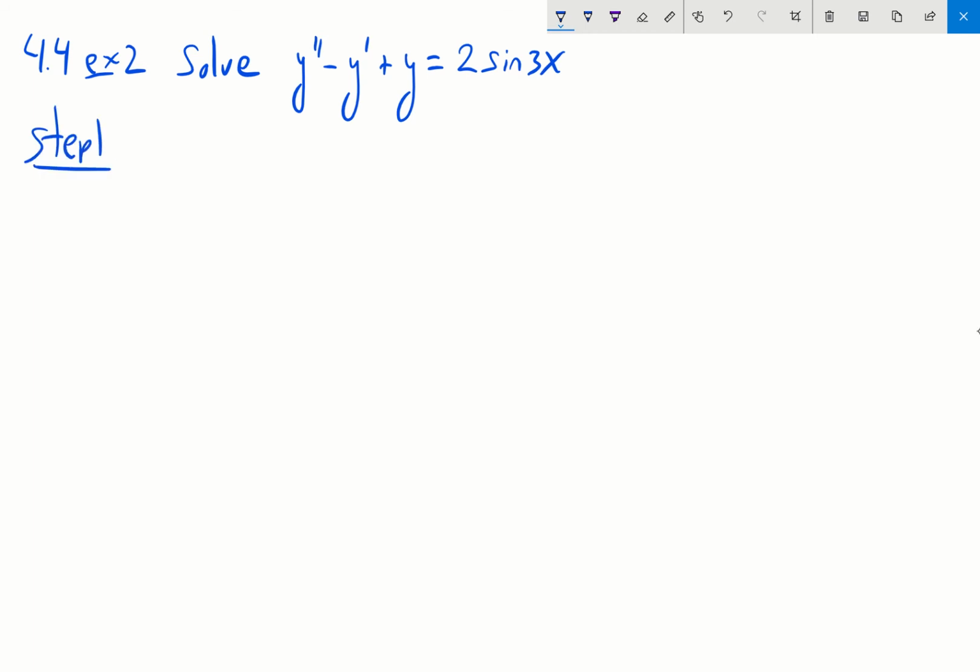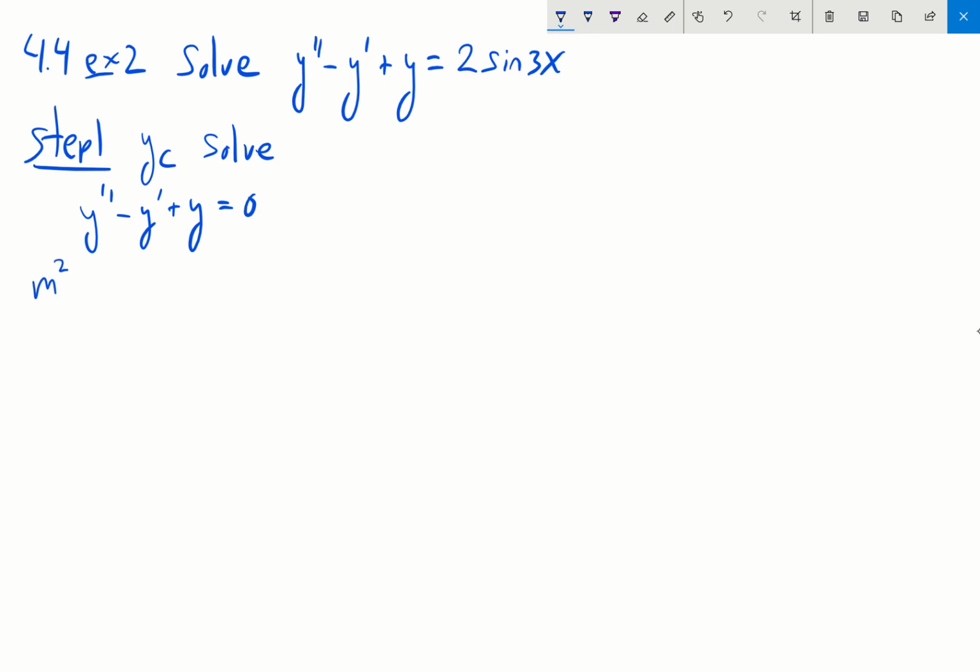Step 1 is we're going to find the complementary solution y_c by solving the homogeneous differential equation y double prime minus y prime plus y equals 0. In order to do that, let's go ahead and solve the auxiliary equation.